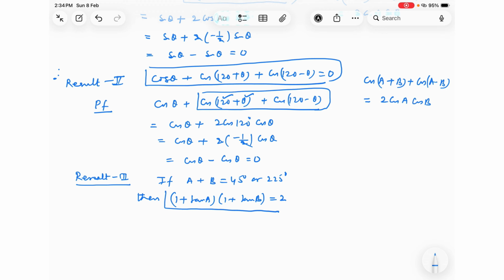Very important result. Whenever A plus B is 45 degrees or 225 degrees, (1 plus tan A) into (1 plus tan B) is 2.